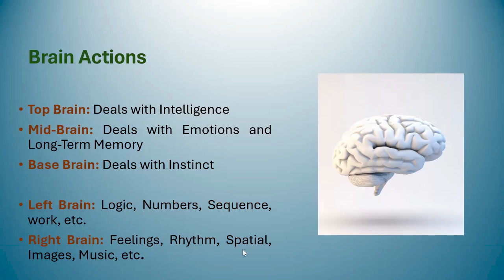Spatial means related to space, then images, and then music. So this is basic information, and I think we all must know about it. About top brain, midbrain, base brain, and then left brain and right brain.